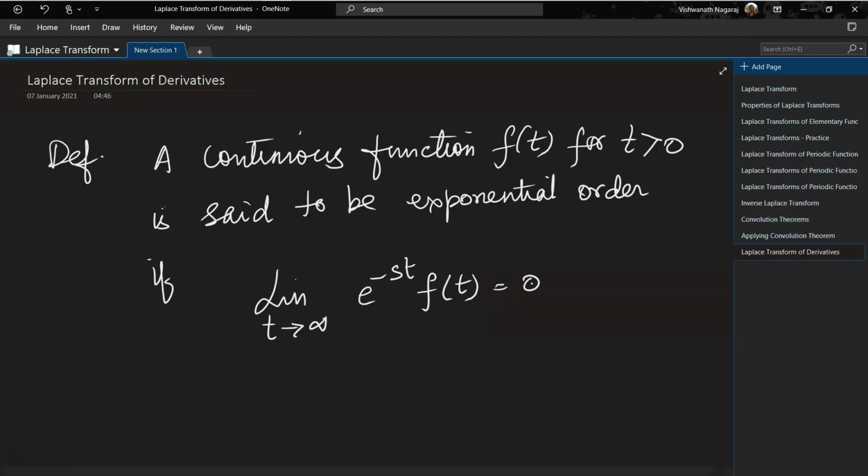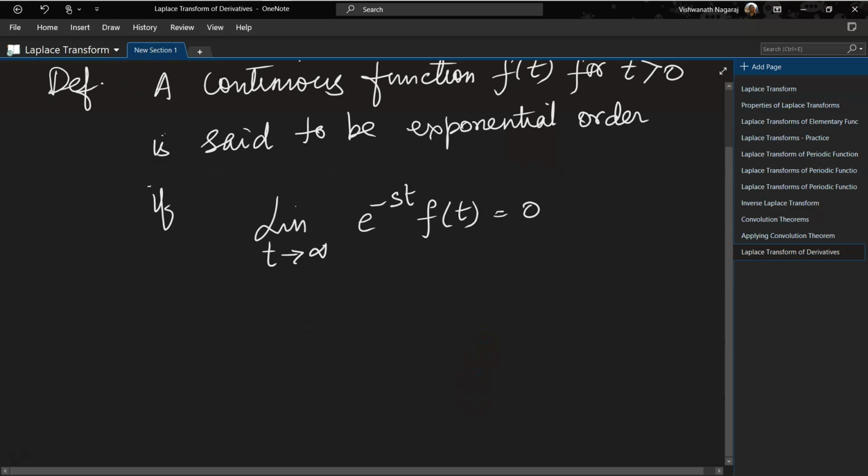What this basically means is that even if f of t doesn't go towards 0 as t goes to infinity, the moment we multiply it with this, if it goes to 0, then we say that this is a function of exponential order.